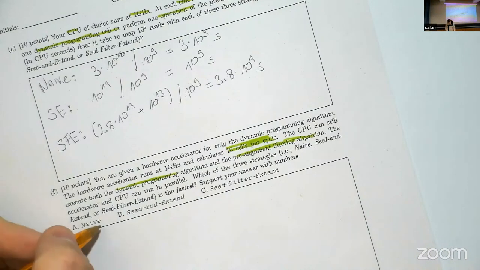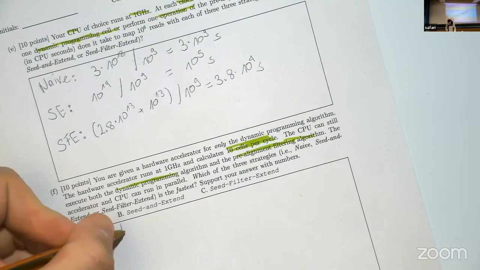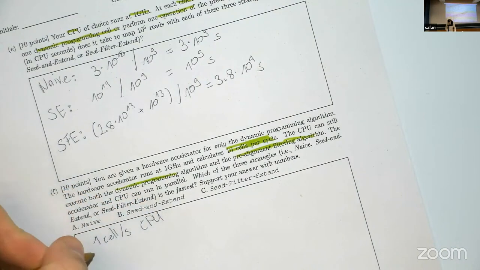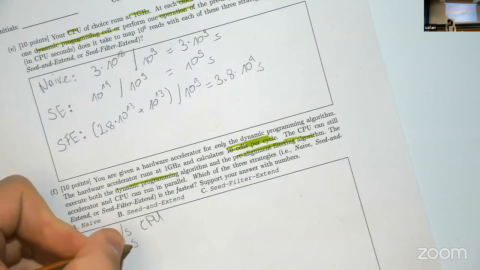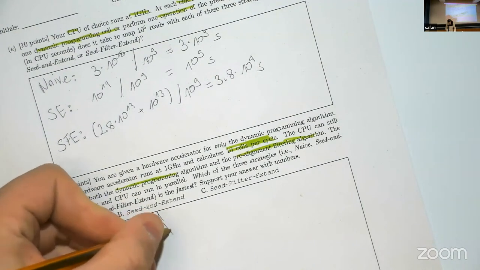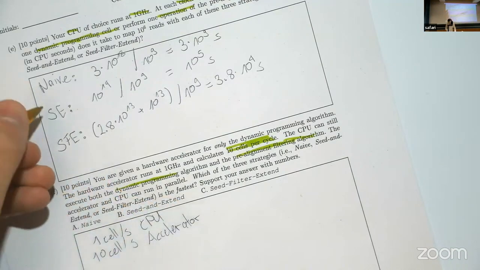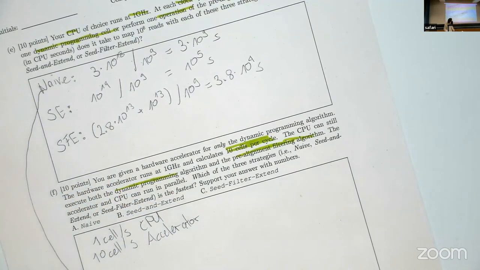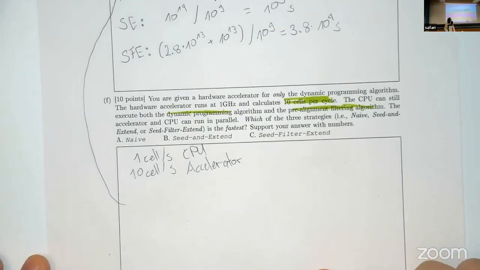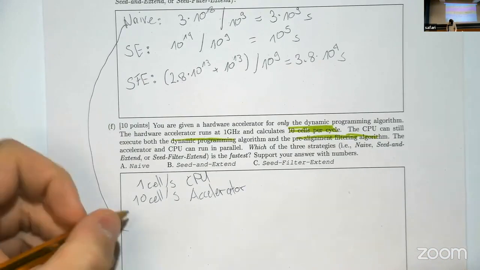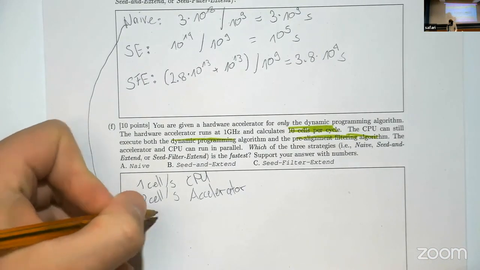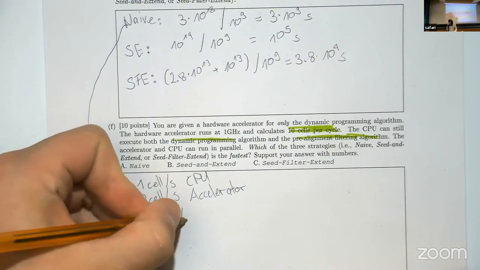So in the case of naive, we simply get an 11x acceleration. We have a throughput of 1 cell per cycle by the CPU, and then we have 10 cells per cycle by the accelerator. So if we take the number from up here, the same number, 3 times 10 to the 9 divided by 11.